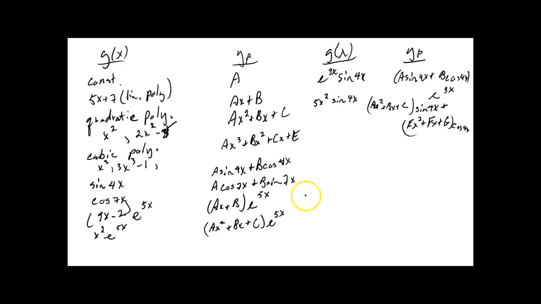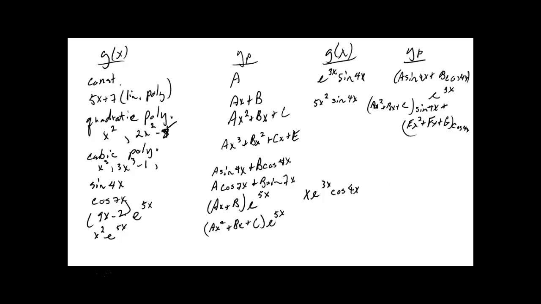Now, how about this one? I don't have room for it, so I'm going to move it down here as much as possible. X e to the 3x cosine 4x. If that's your g of x, what do you reckon your y sub p is going to have to be? Any ideas? Okay. I'm going to put the e to the 3x out front.